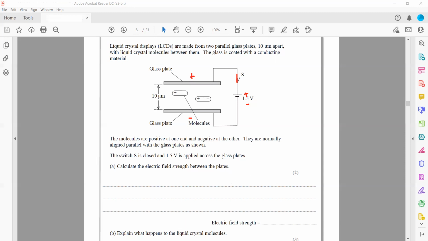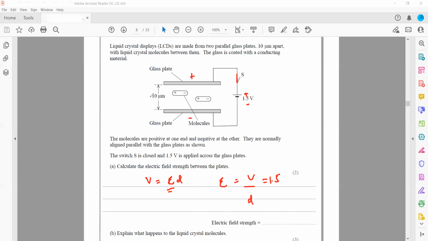The formula we use to calculate the strength of the electric field is V = ED. If we need the strength of the electric field, E = V divided by D. What is V here? V is the voltage which we applied, that is 1.5. And D is the distance between the plates.